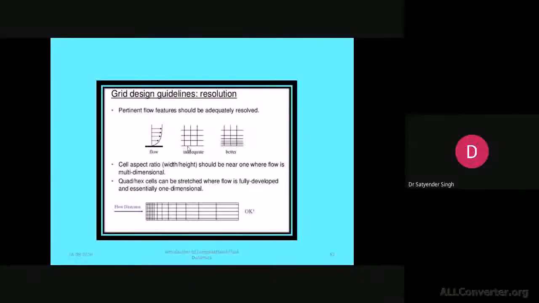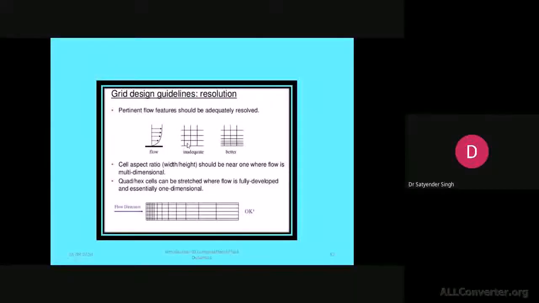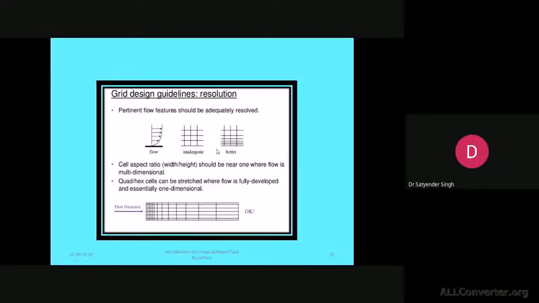Let's say also for the temperature, if there is a hot plate as a case, then this value will first be calculated for this grid. This will be interpolated to the next one, to the next one, to the next one. If an inadequate mesh size is there, then the physics will not be properly transported, because there will be shear also, and that must be properly accounted for. So mesh size is very important.